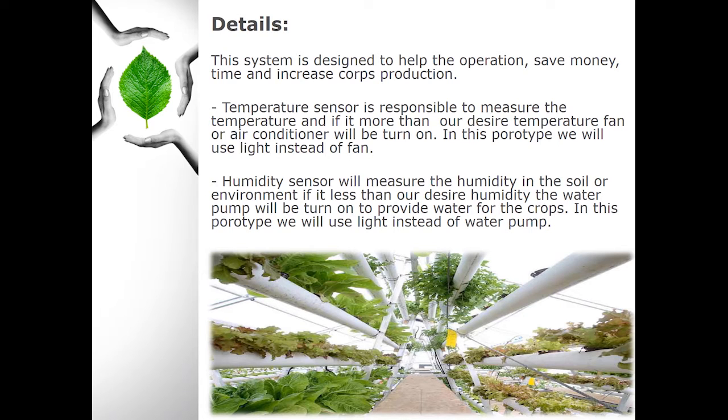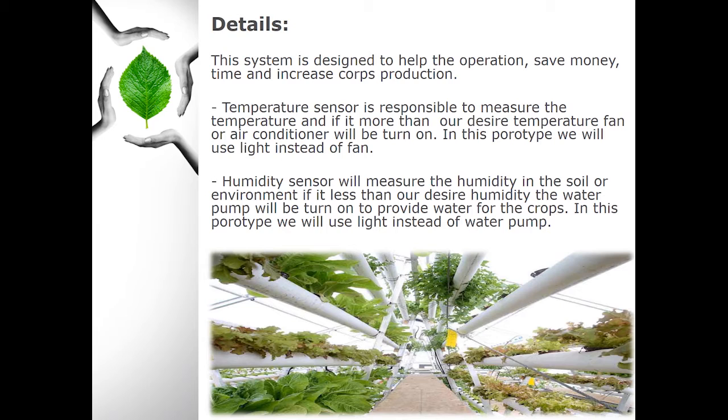We use the temperature sensor to measure the temperature. If the temperature is more than the desired operator temperature, the fan will be turned on. In this prototype, we will use the light instead of that. The humidity sensor will measure the humidity in the soil or environment.